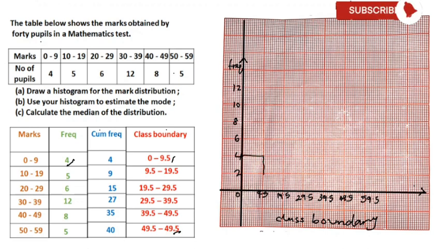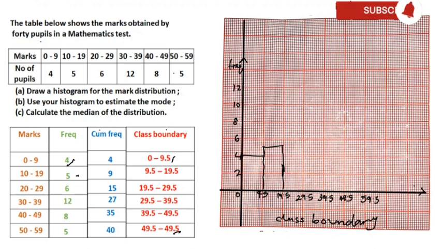The next is 5. So 5 will be the midpoint between 4 and 6. So I'm going to have 1, 2, 3, 4, 5. So I'll join this to this point. Then I'll draw it this way, then down this way. You're going to bear with me because I do not have a ruler to draw this.